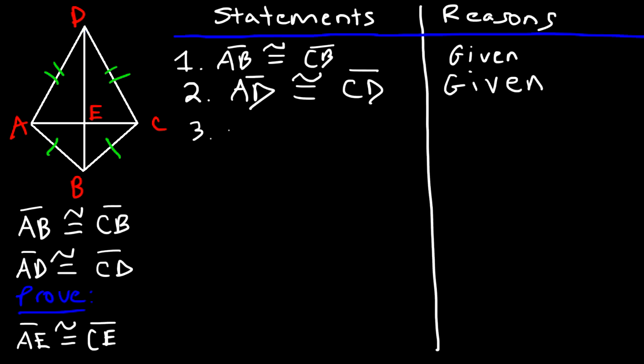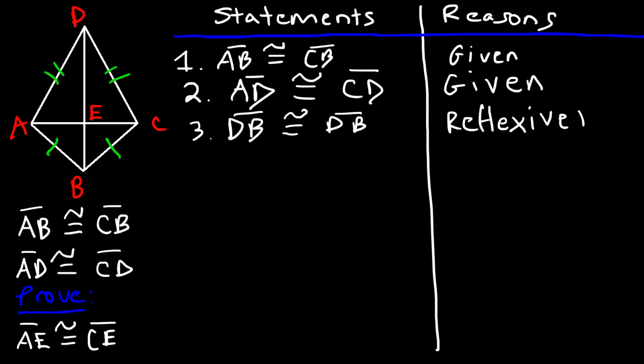So in the third step, we can say that DB is congruent to itself based on the reflexive property. So let's mark that.